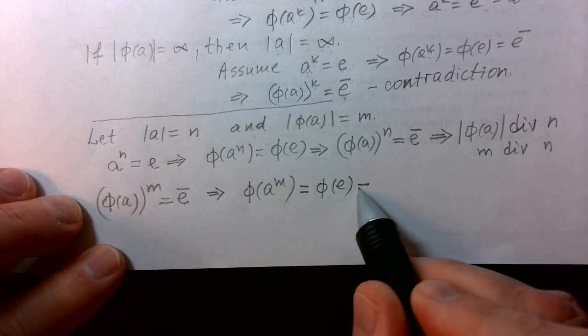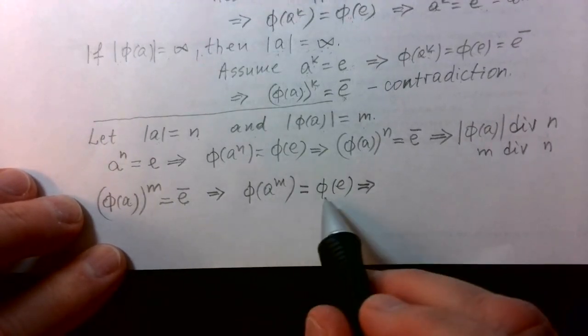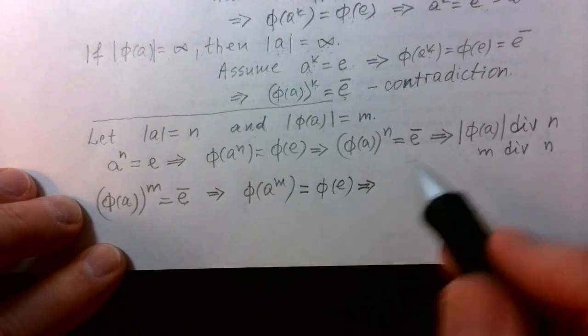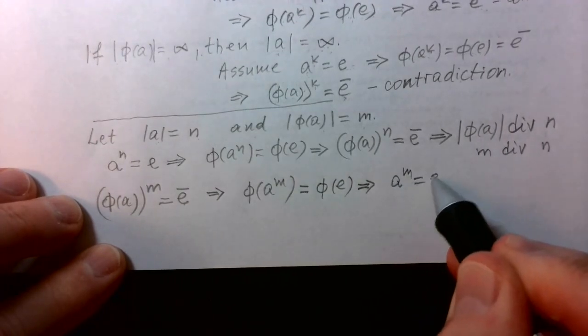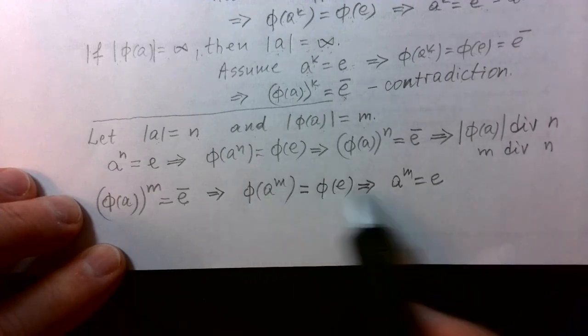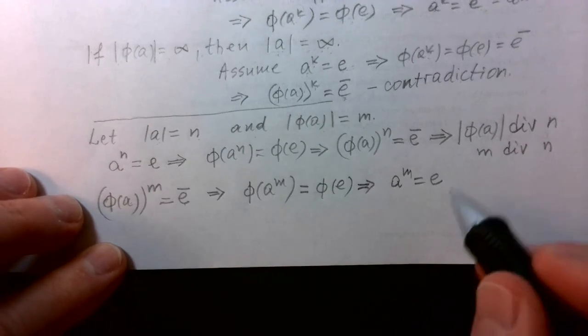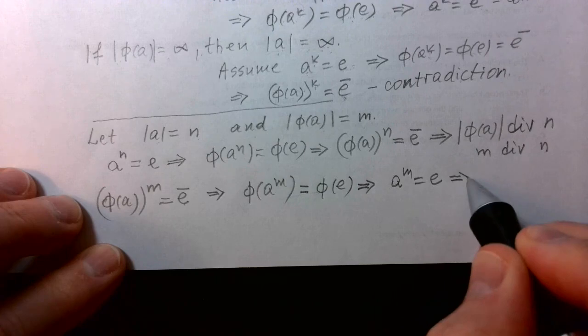Now, because phi is a bijection, any isomorphism is a bijection, this means that a to the m is equal to e. If these are different, then different elements will have the same image. This cannot happen for one-to-one maps.